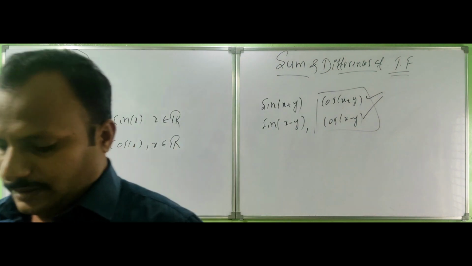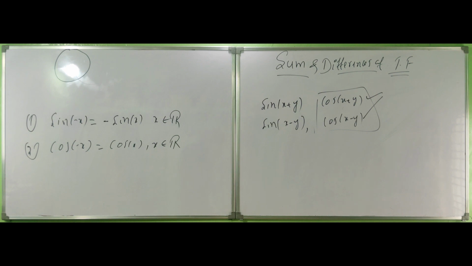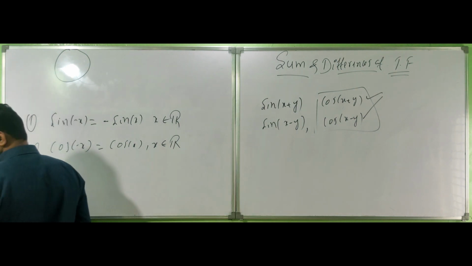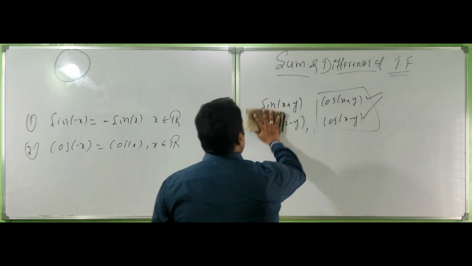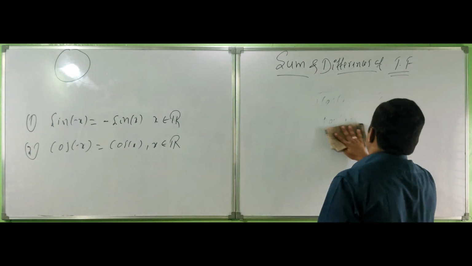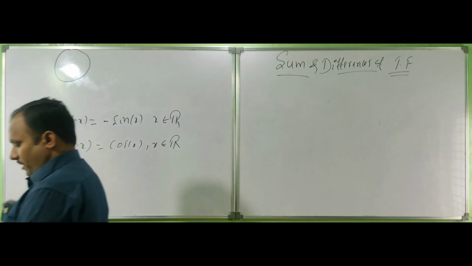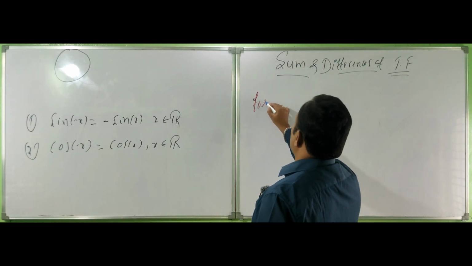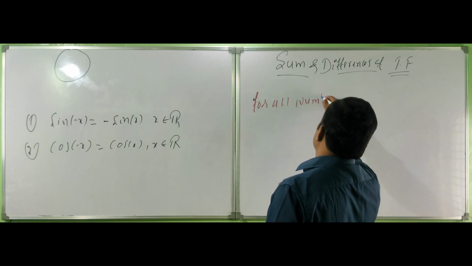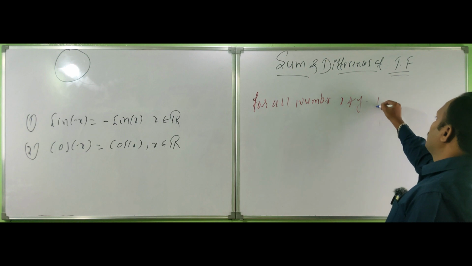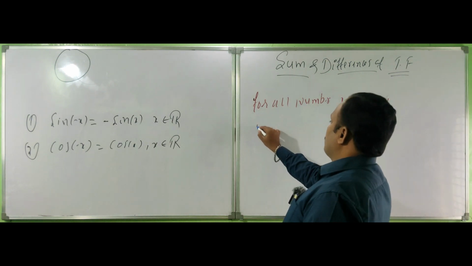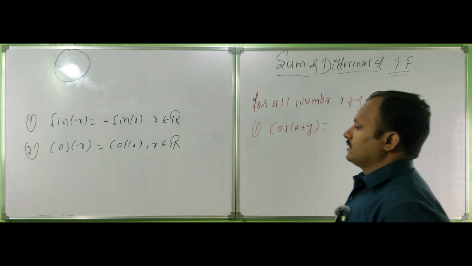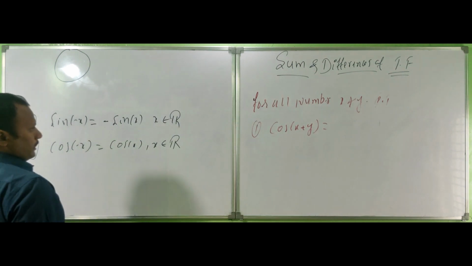One theorem we have to prove. For all numbers x and y, prove that cos of x plus y is equal to cos x cos y minus sin x sin y.